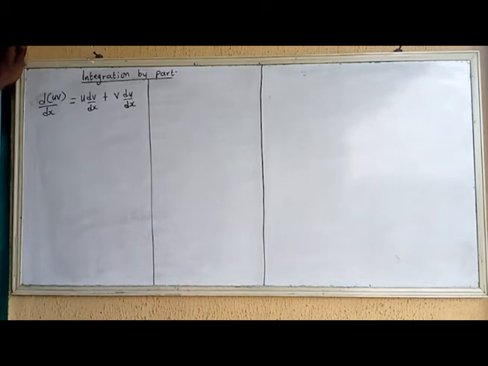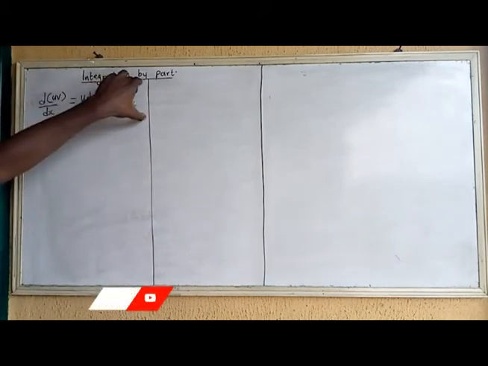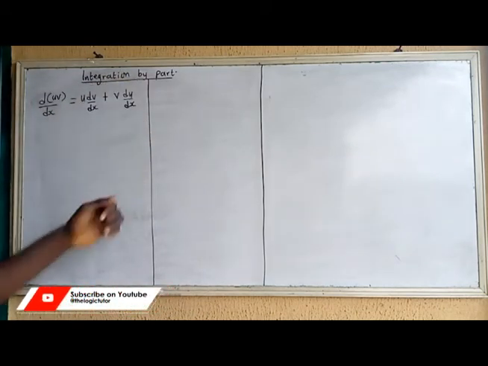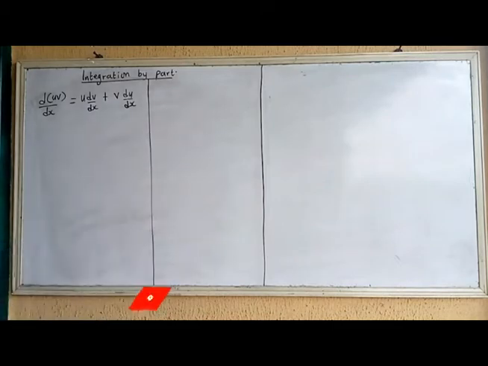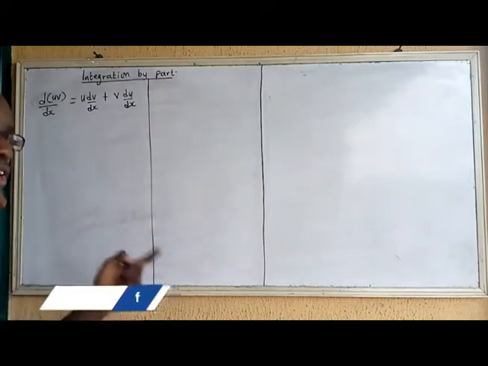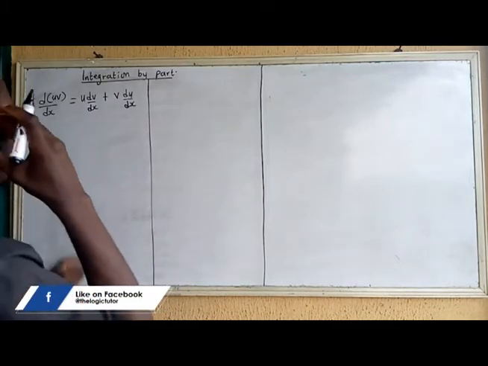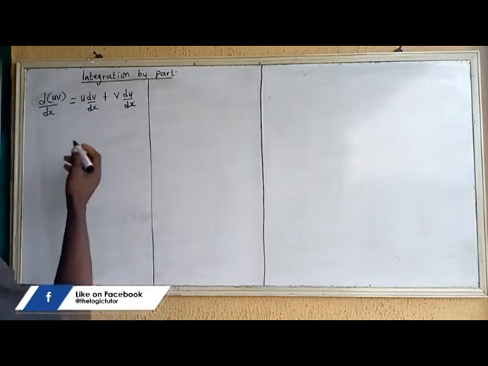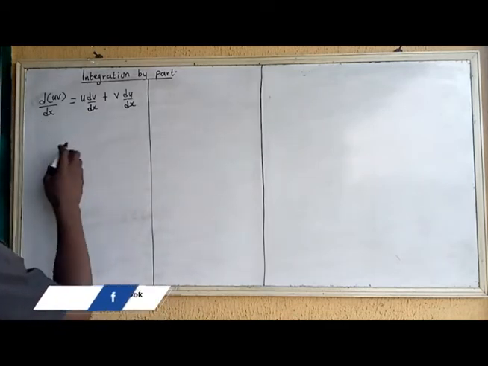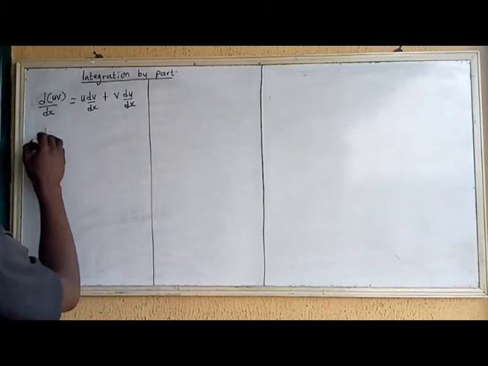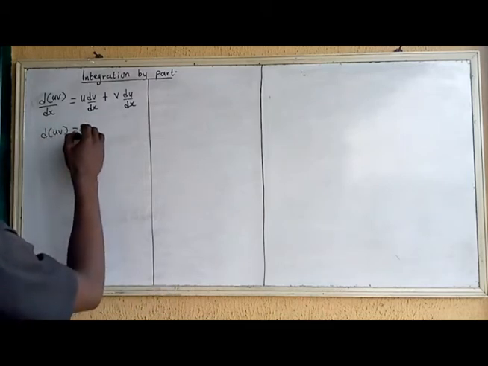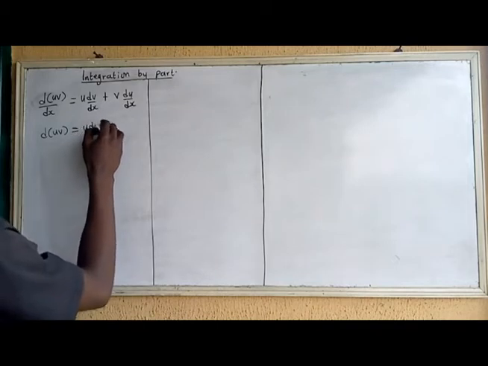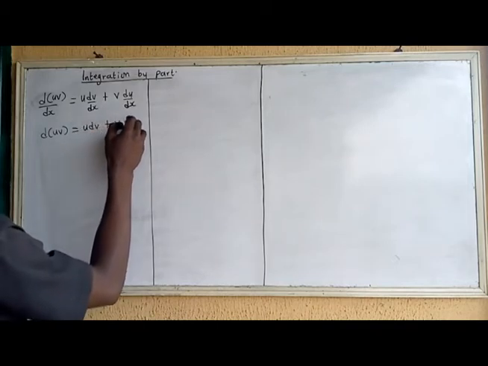By differentiating a function with this formula, we get our derivative. So what if we are to return the derivative back to the original function? We use the technique called integration by parts. How is that done? We are going to derive the formula. Suppose we multiply both sides by dx, we are going to have d(uv) equals u dv plus v du.